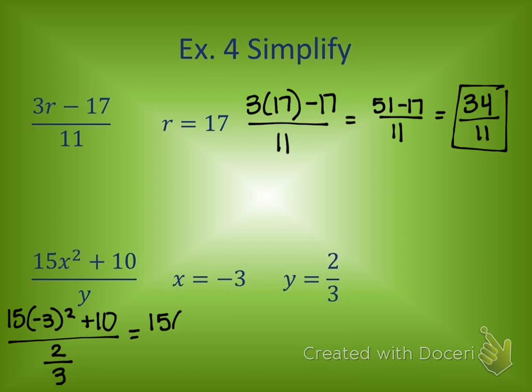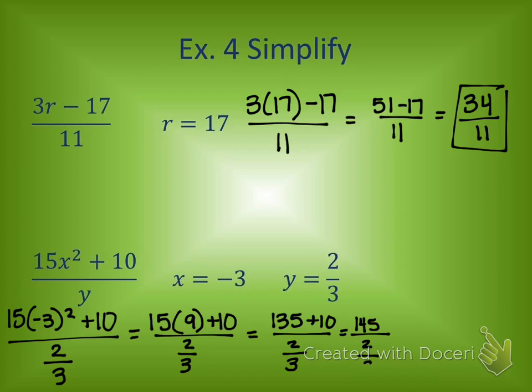So now I have 15 times 9 plus 10 over 2/3. Again, I'm not going to worry about that fraction till the end. Tyler, what would I do now? Anybody? 135 plus 10 over 2/3. What's 135 plus 10? 145.